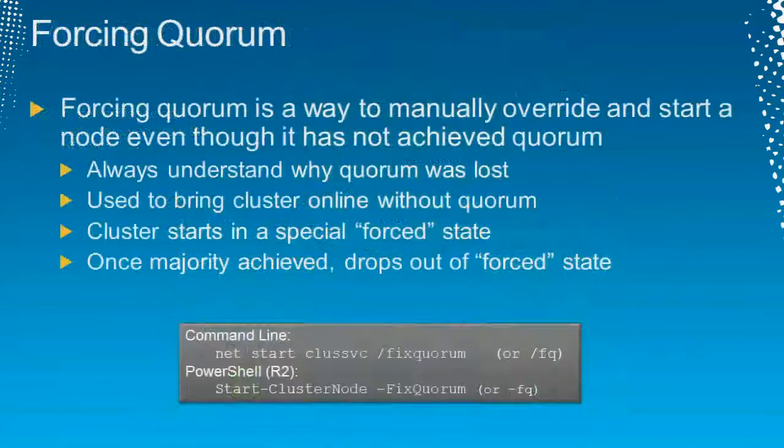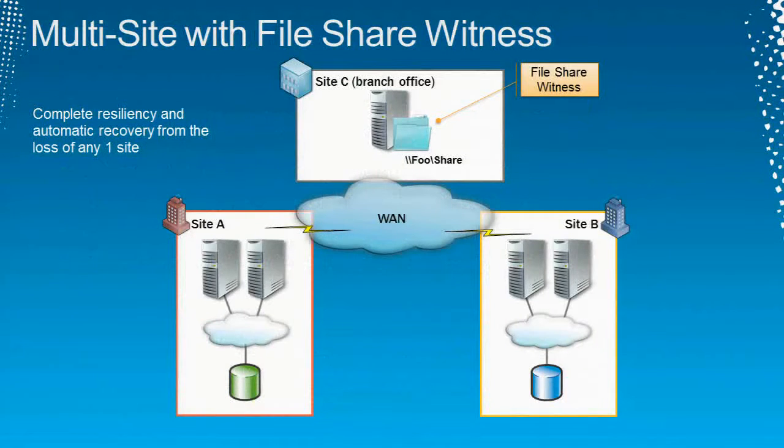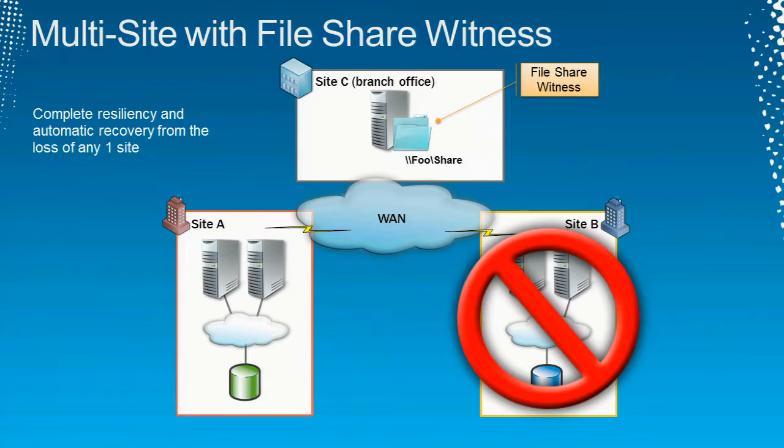Forcing quorum is one way to bring up site B. We highly recommend using, in this kind of situation, a file share witness. File share witness is another quorum model which allows you to identify a witness which is not a cluster node. In this case, let's assume you have 2 nodes in site A and 2 nodes in site B. If site B goes down, typically you would have 2 nodes. Look at the previous example, site A would go down.